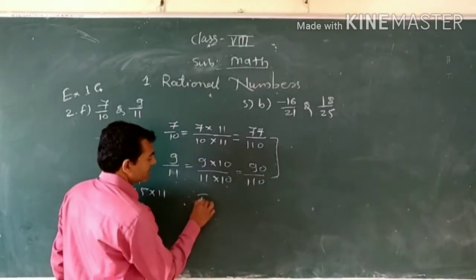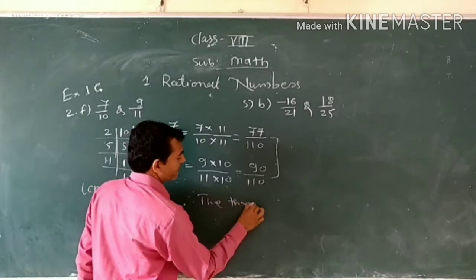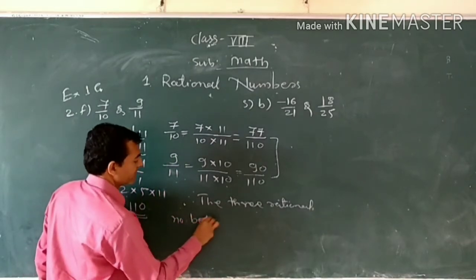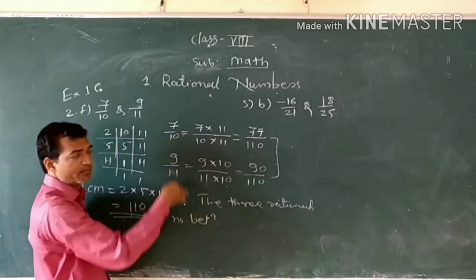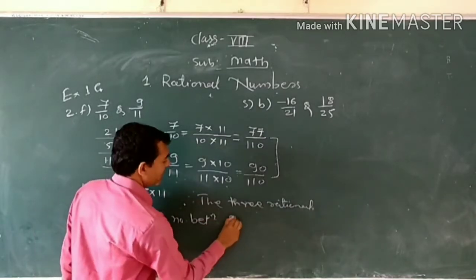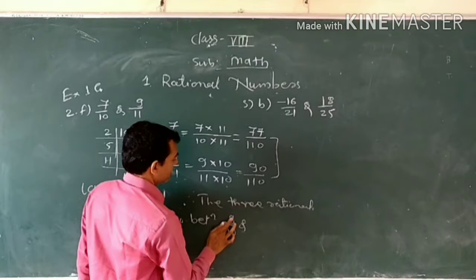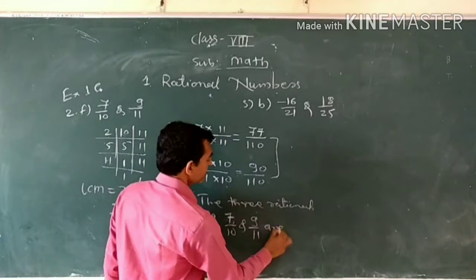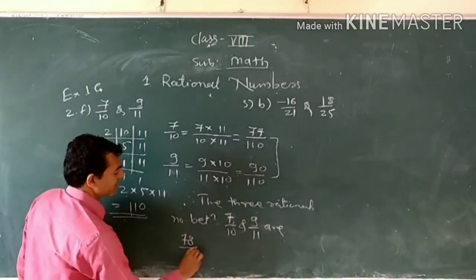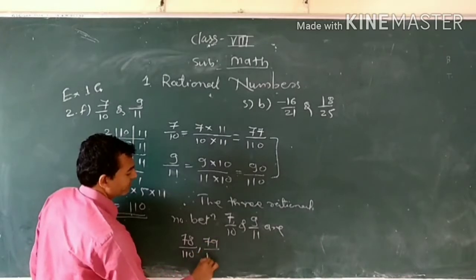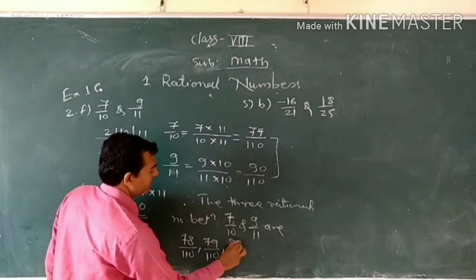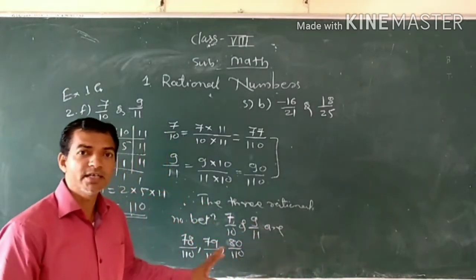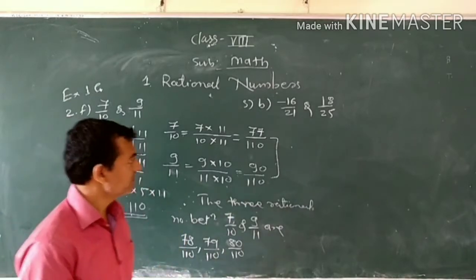Between 7 by 10 and 9 by 11, you can write 78 by 110, 79 by 110, then 80 by 110. Again some numbers are there, but you have to write only three numbers. Understood this? So write it down.